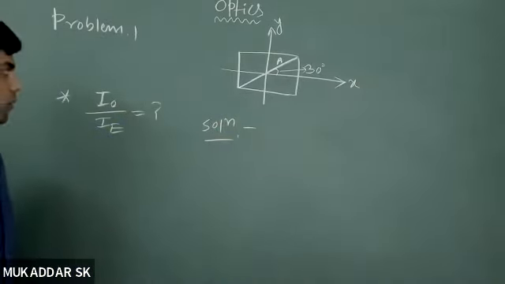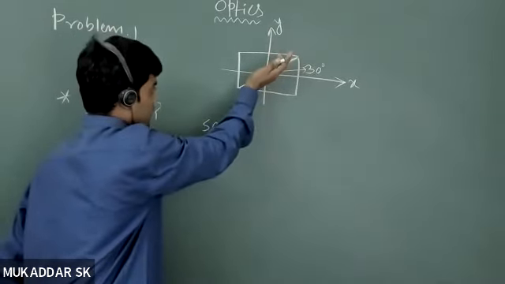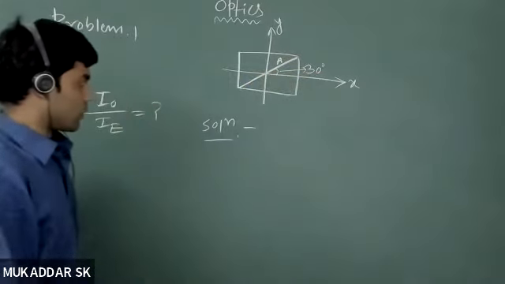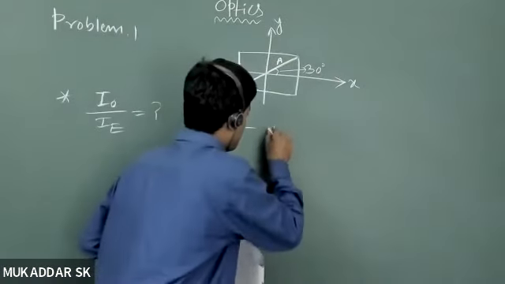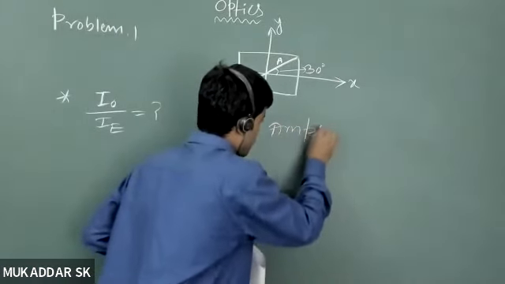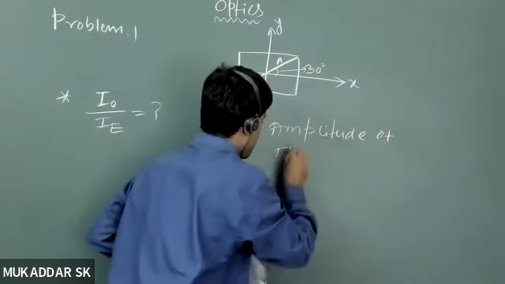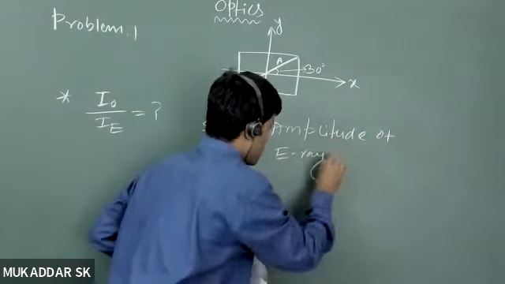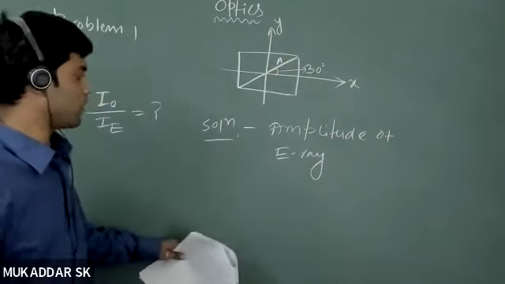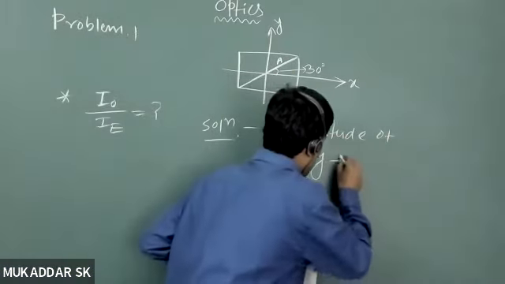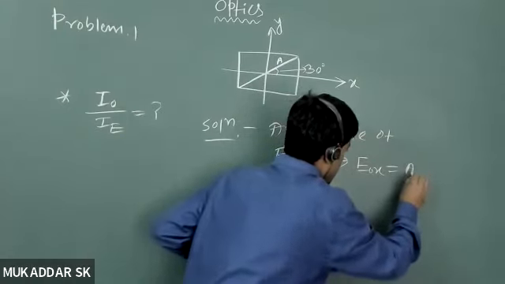As we know, when plane polarized light is incident on a double refracting crystal, it splits into two components. The ray parallel to the optic axis is known as E ray. If the incident amplitude is A, then the amplitude of E ray will be E0x, that is A cosine of theta.